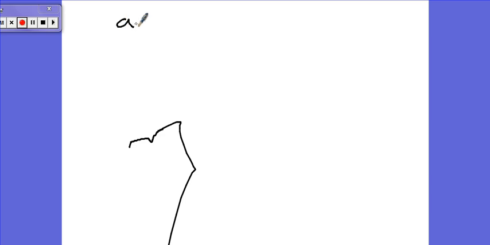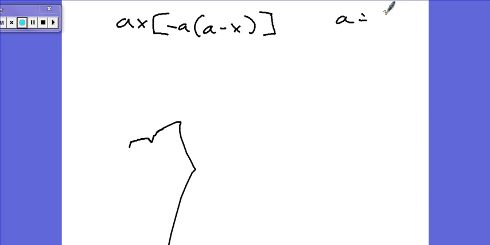Now we have a times x, negative a minus x. And we have a equals 2 and x equals negative 1. Our goal here is to distribute everything to its correct place.